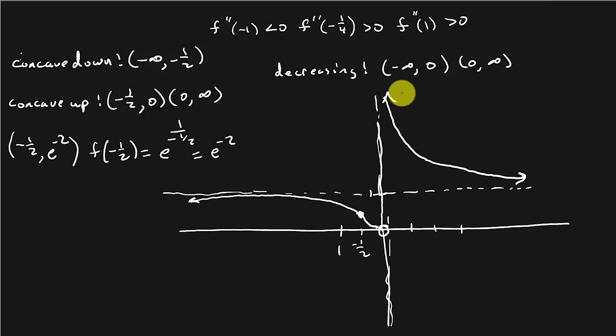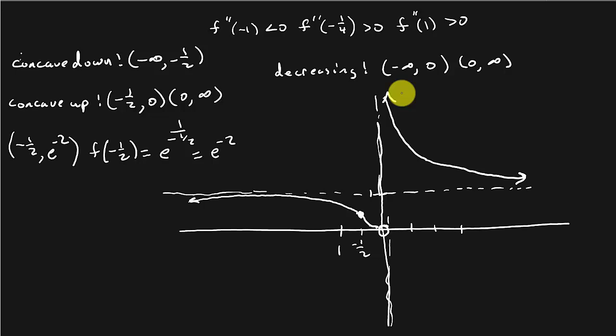To graph these things, you've got to find increasing, decreasing, local max and min, concave up, concave down, and any inflection points, and then sketch the graph based on all that. I see students when they take the test and a problem like this is on there, they're missing it all the time. But just remember, that's all you have to do.